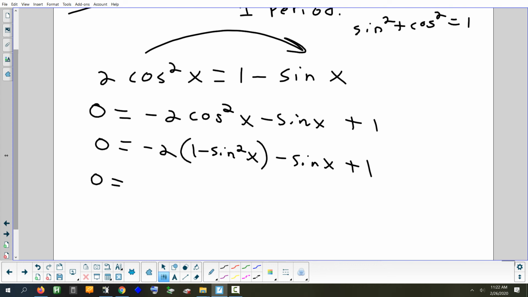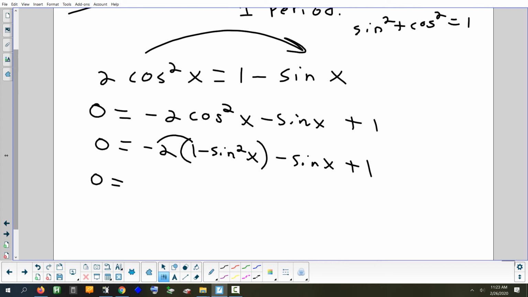And now, Jacob, what do I have to do with that negative 2? Yes, we're going to distribute it out and then just combine like terms. So we'll do all that at once. Nikira, what's negative 2 times 1?